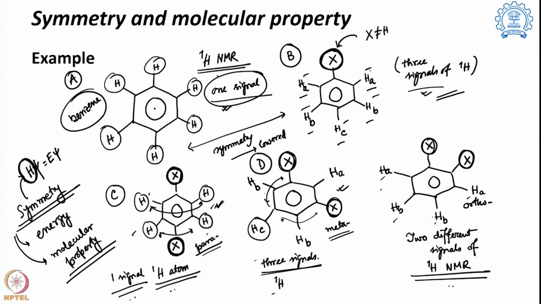So, with that we would like to conclude for this segment, where we have defined how the symmetry and molecular property are interconnected, and by following the symmetry how we can define the different properties or the structural effects on the energy of different molecules.